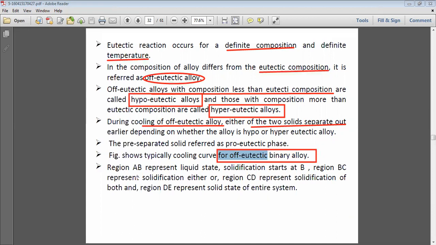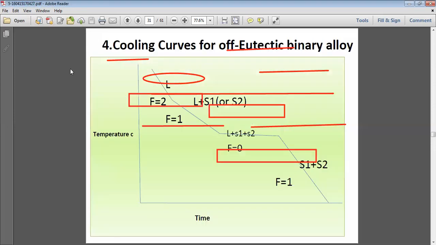Okay, so the region AB represents the liquid state. Let's see the previous figure. Region AB represents the liquid state, from this part to this part.